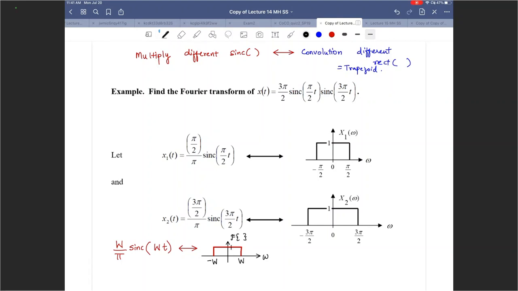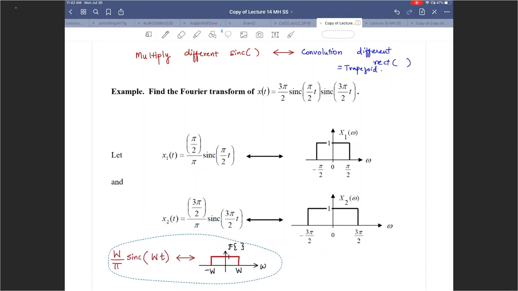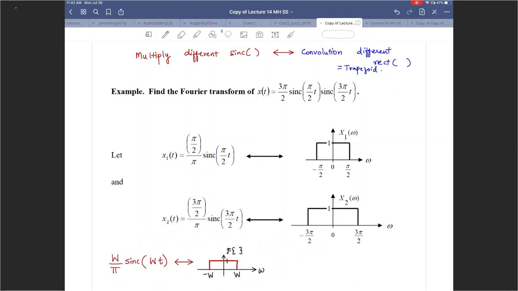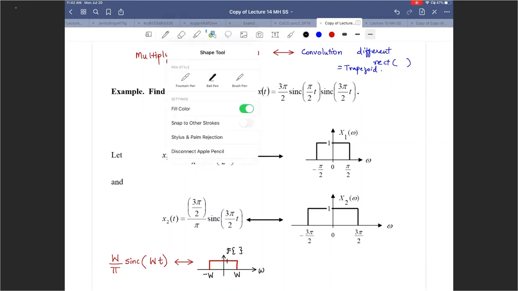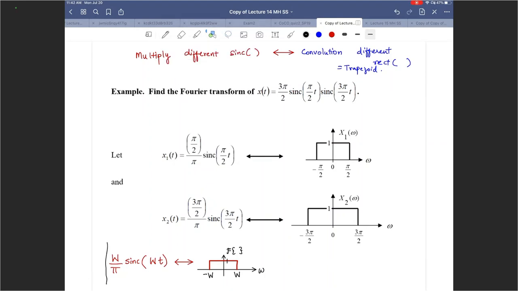So that's a Fourier transform pair that I'm going to use to do all these problems here. So let me box that up as well. Reference result.